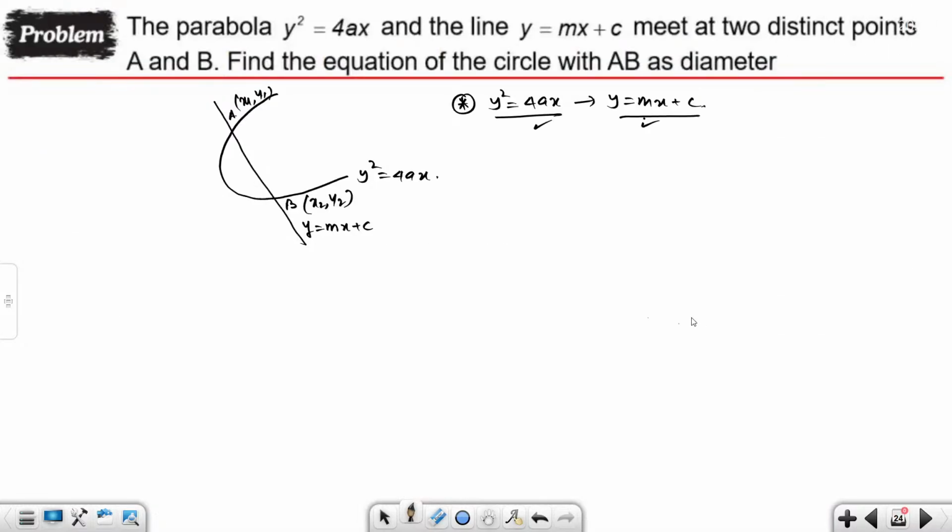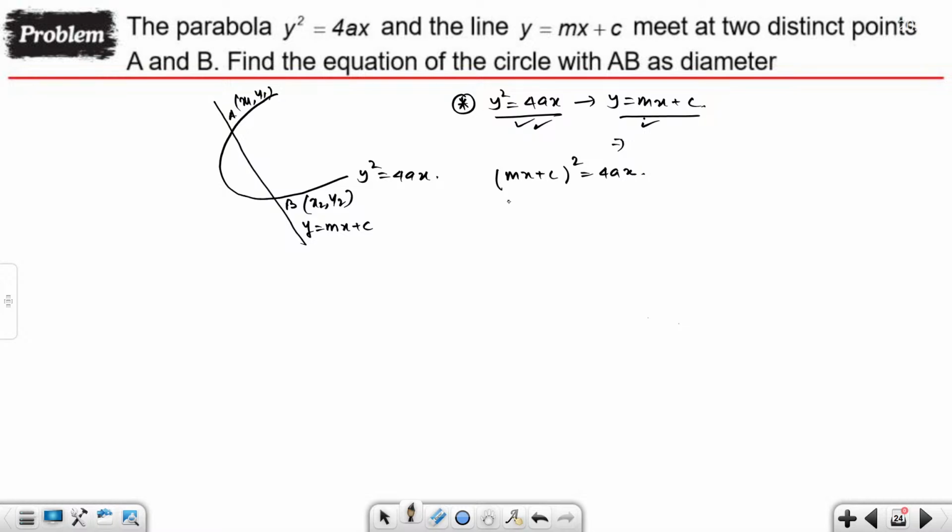Now see this. I will try to find a quadratic equation in x. We have y equals mx plus c. Now let me put this over here. What are you going to have? (mx plus c) whole square is 4ax.